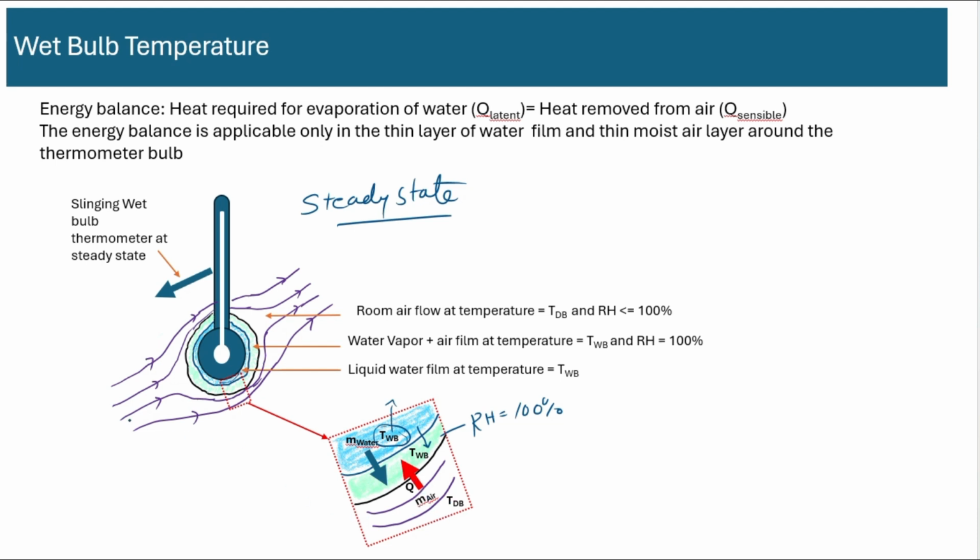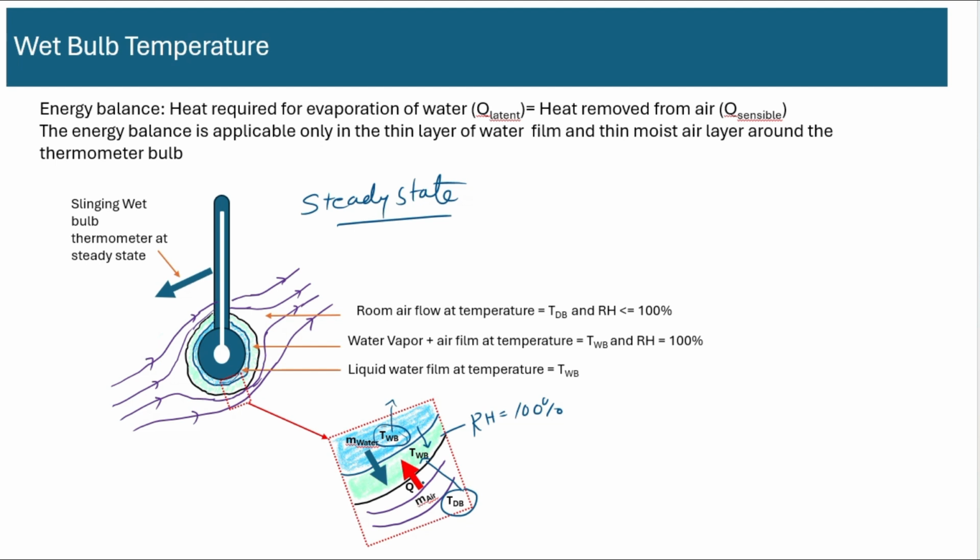there is air that is moving around due to the slinging of the wet bulb, and that air is constantly losing temperature and pulling more moisture out. Okay, and that air is going from the dry bulb temperature to the wet bulb temperature.